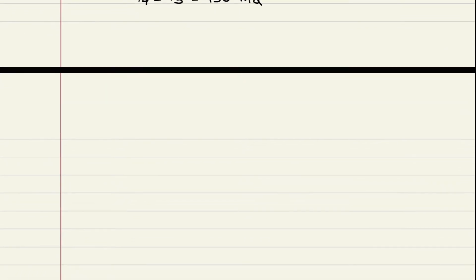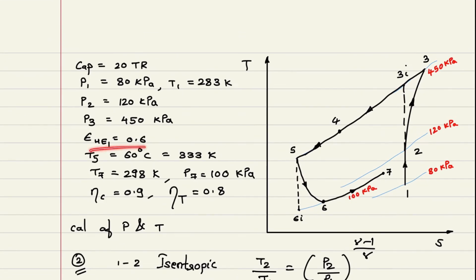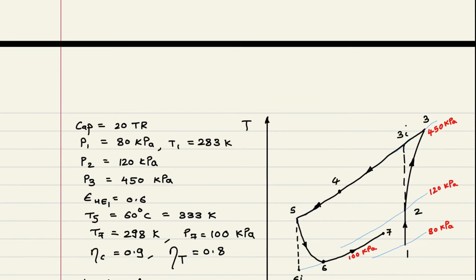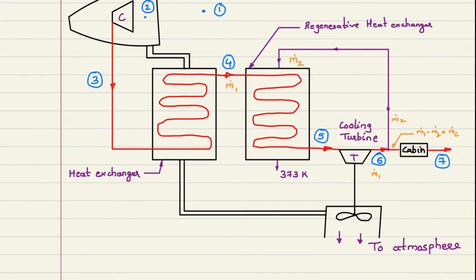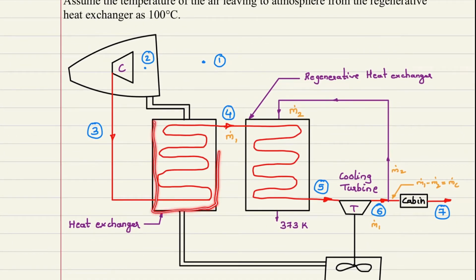For the heat exchanger, what is given? Effectiveness is given as 0.6. So we can see the diagram of the heat exchanger. How to write down the equation? Actual temperature drop: T3 temperature reduces to T4.